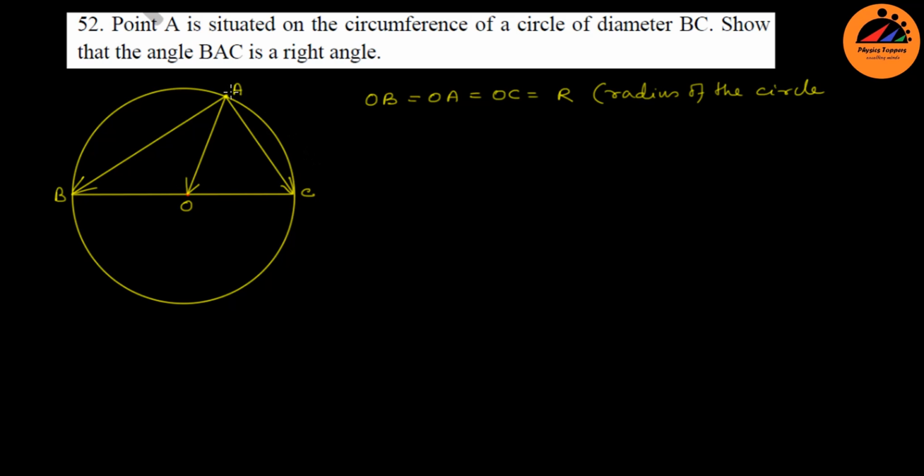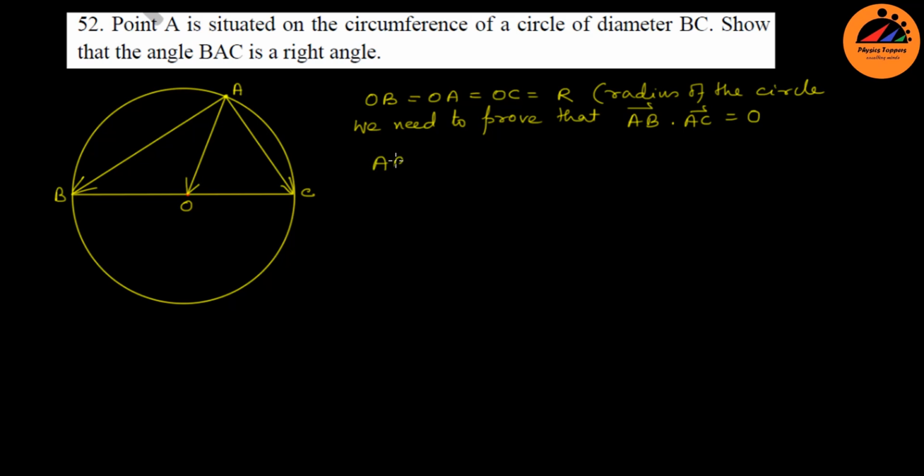It's very simple, everything is originating from A. So we need to prove that AB dot AC is equal to 0. So if you can prove this, then automatically the angle BAC is 90 degrees. So how can you do this? We need to prove this.